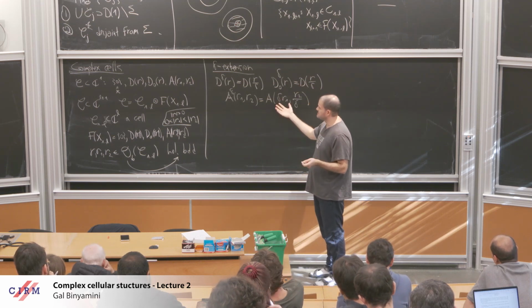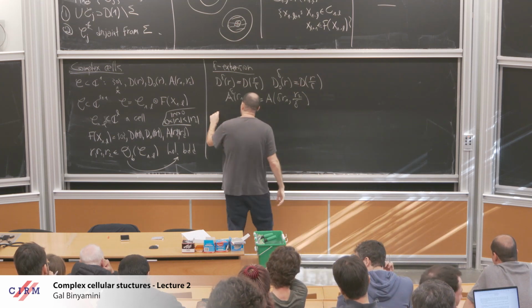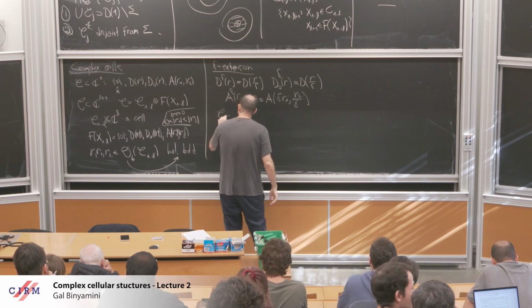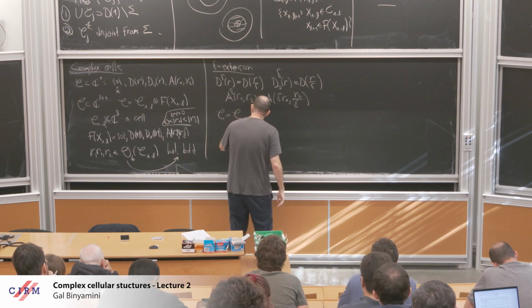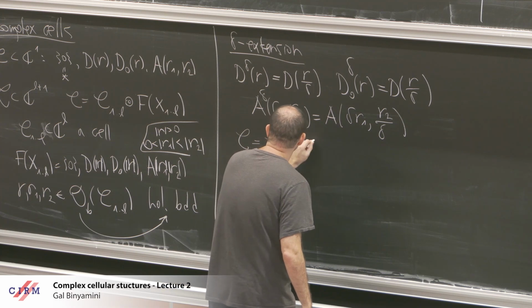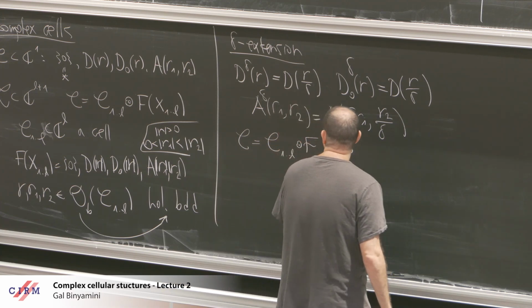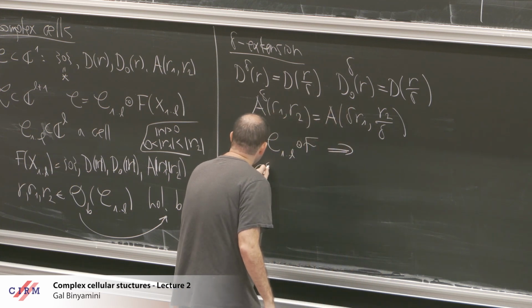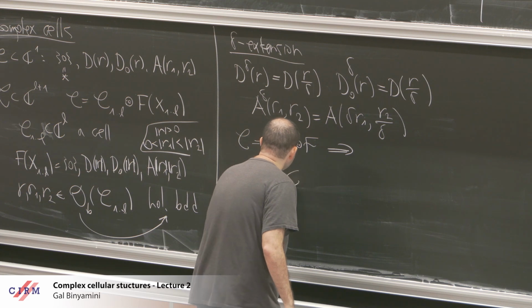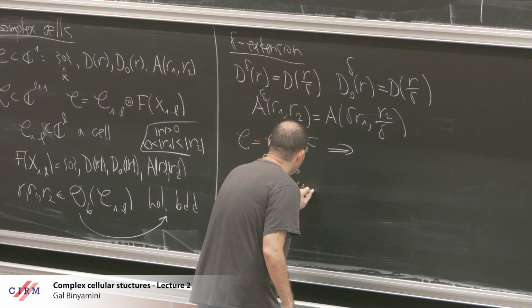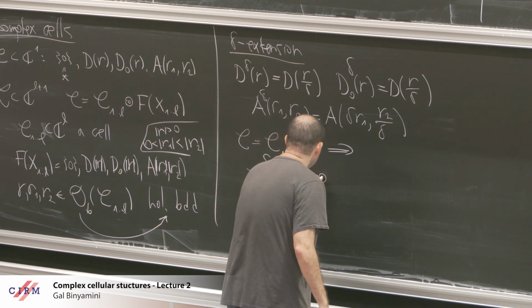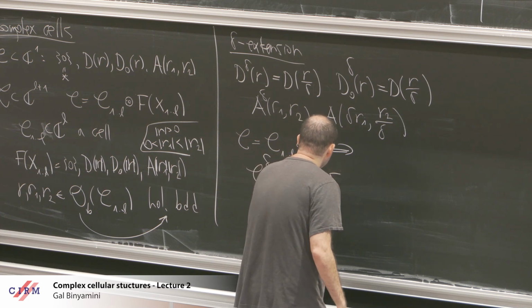Okay, so what is the extension of a general cell? Let's say I have a cell C1 up to L, dot, some fiber. Then I'll define the delta extension to be, just by definition, the extension of the base, C1 up to L delta, dot this F delta.